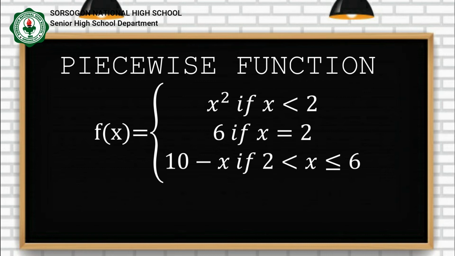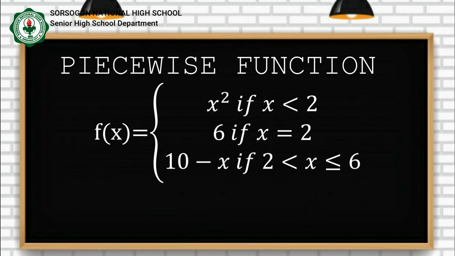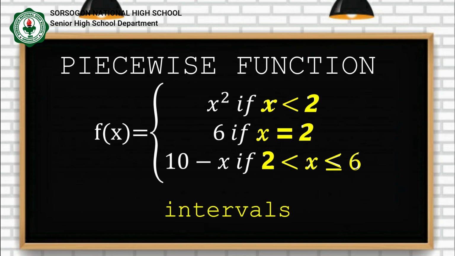In this function, the expressions x squared, 6, and 10 minus x are called sub-functions, while x less than 2, x equals 2, and x greater than 2 but less than or equal to 6 are their intervals respectively.